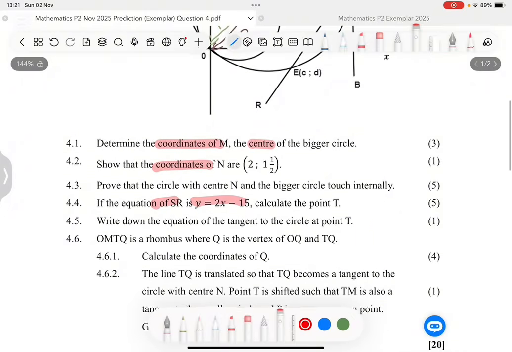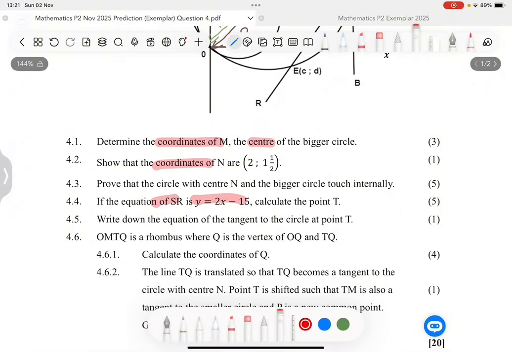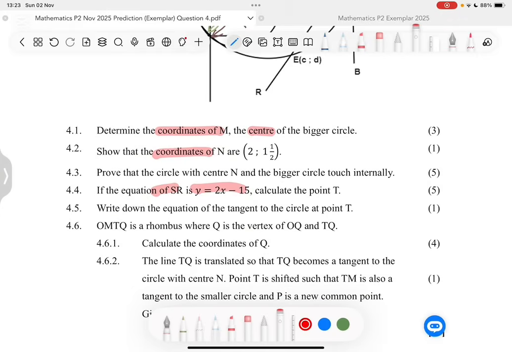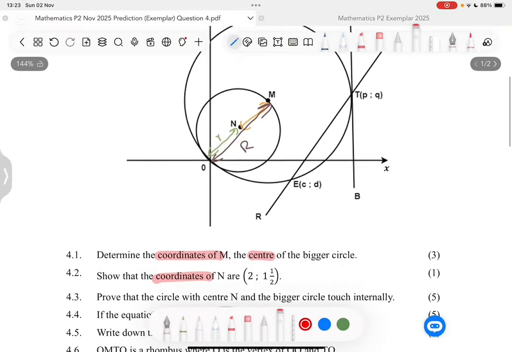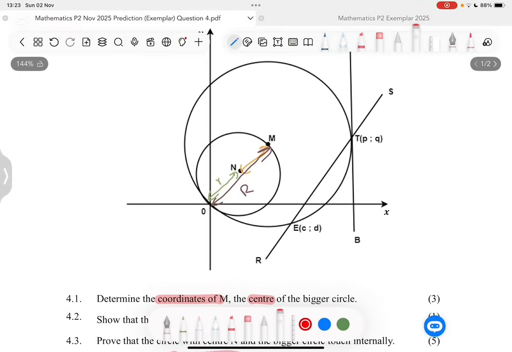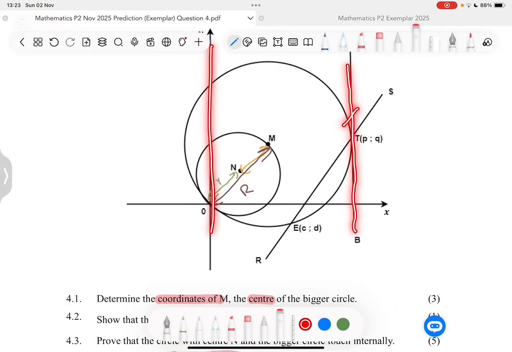Now the next question says, write down the equation of a tangent to the circle at point T. And this question is only for 1 mark. But we have to look at this straight line here. If you look at it, it is actually parallel to the y-axis. So that means it's a vertical line.